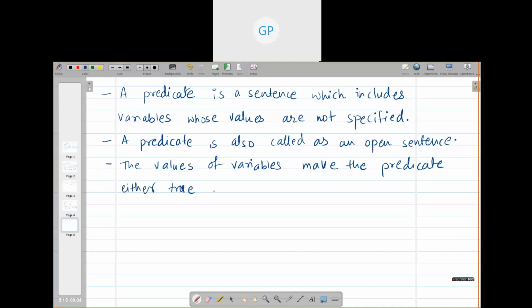So when you substitute the values, it will become either true or false.